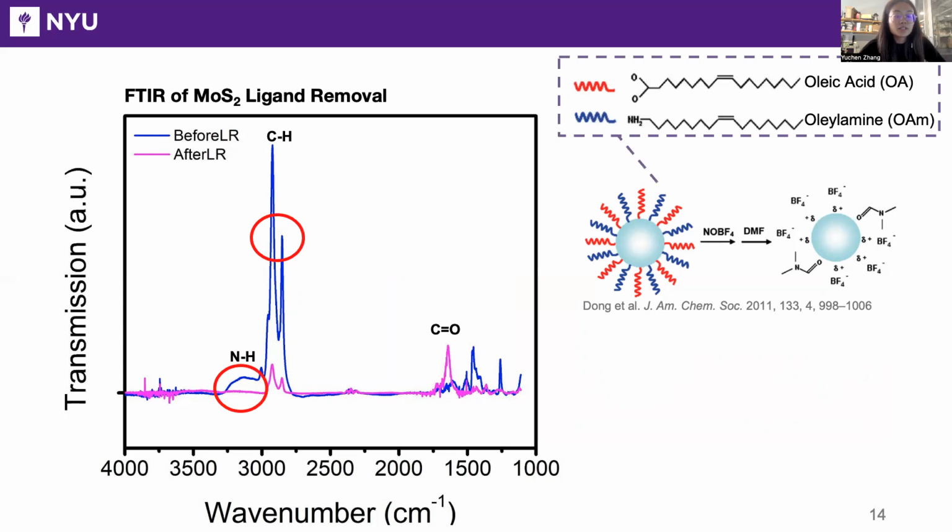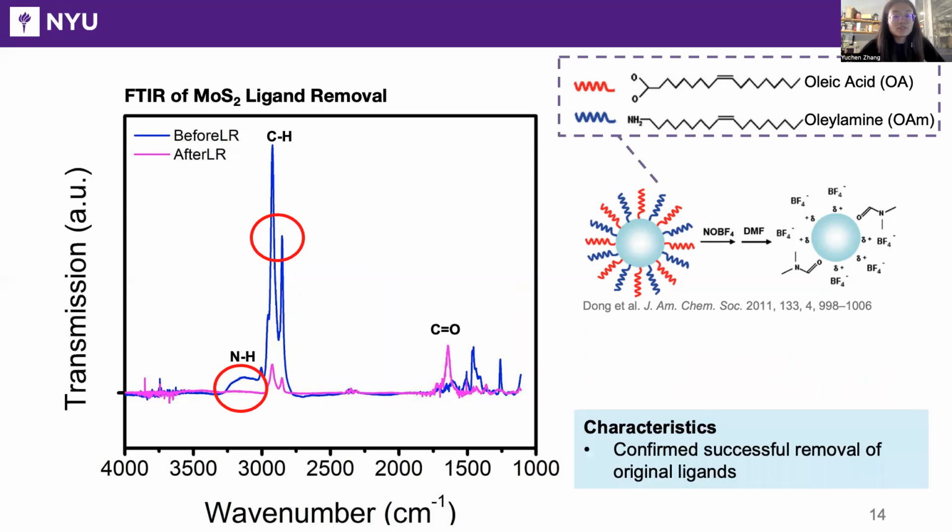We can see that the peak at around 1300 shows the stretching vibration of the CH group, and the peak at around 3300 is assigned to the amine group, that is, to the oleylamine ligands. We can see they are noticeably reduced after ligand removal, and that confirms successful removal of the original oleic acid and oleylamine.